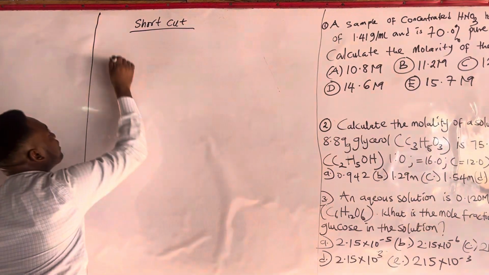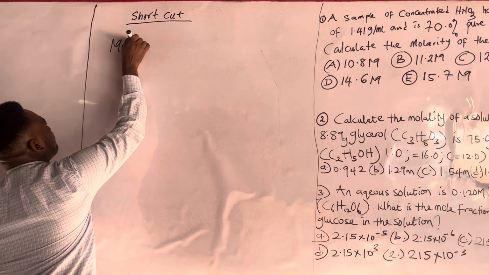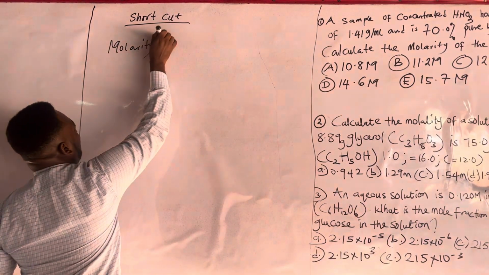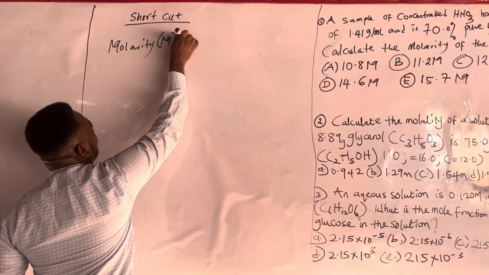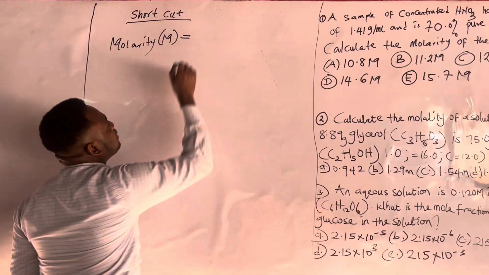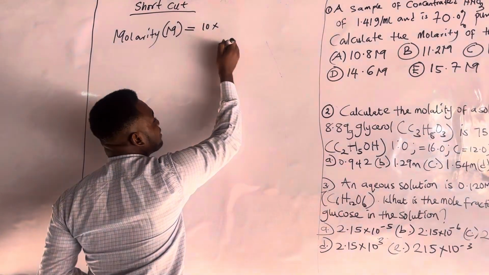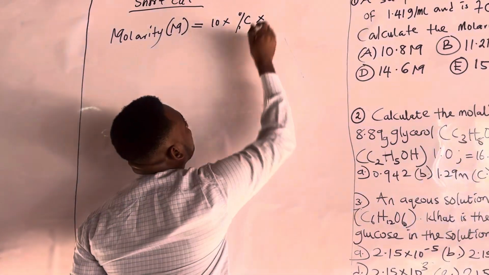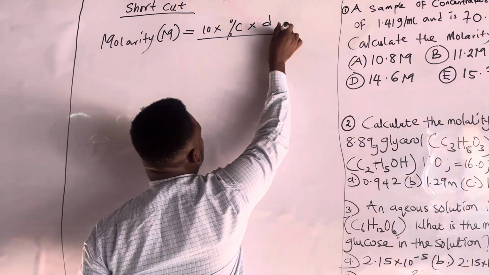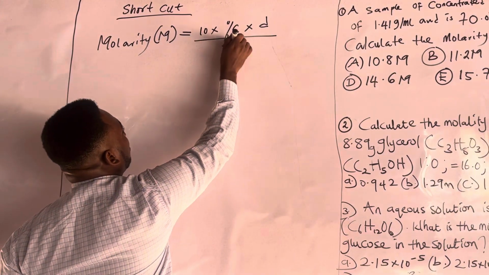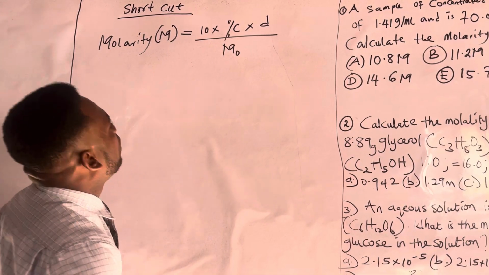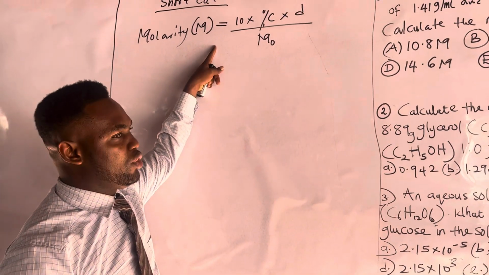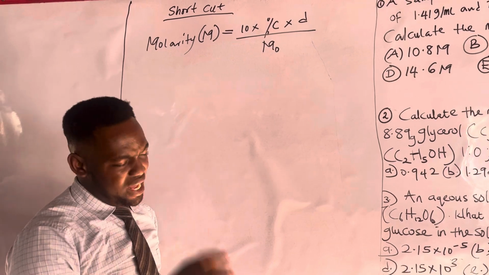It says molarity, capital letter M, equals 10 times percentage composition times density divided by molar mass. Please take note that this formula is another formula we use when we want to calculate molarity.